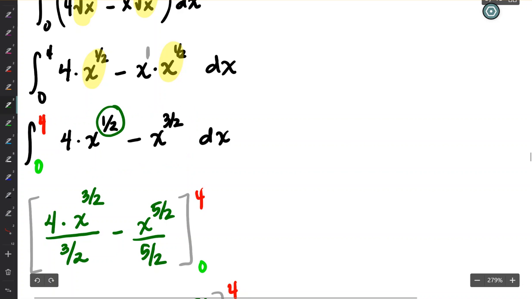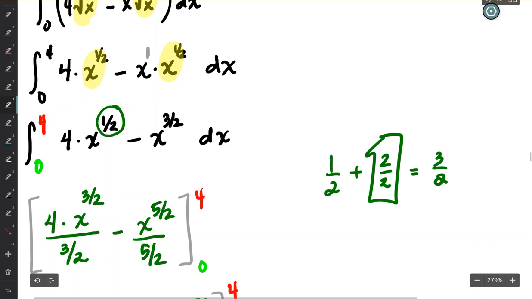We're adding 1 to the exponent. 1 is 2/2. So that's our new exponent. And then we're doing what? Division by the new exponent.